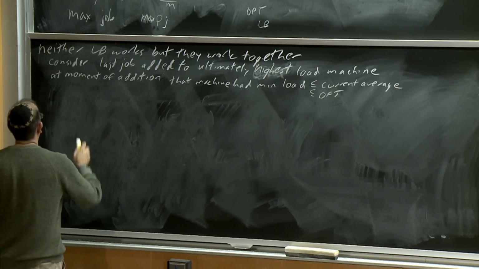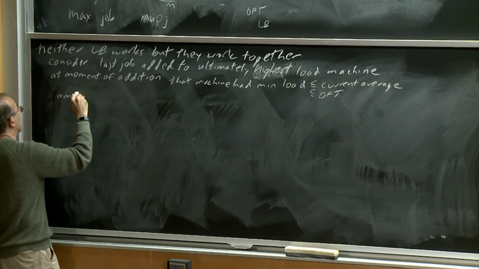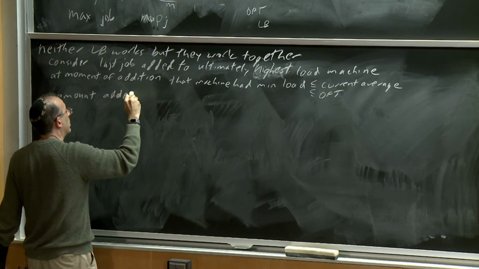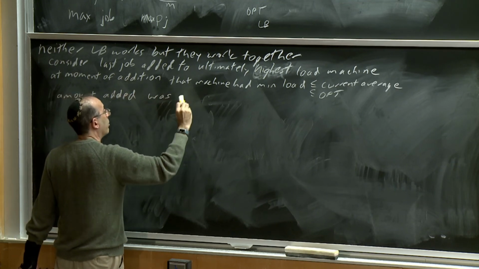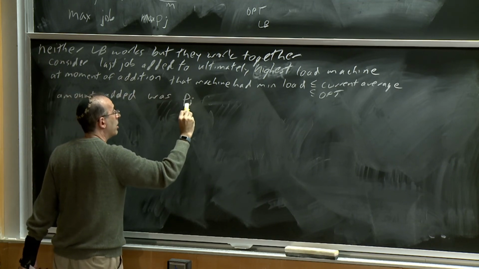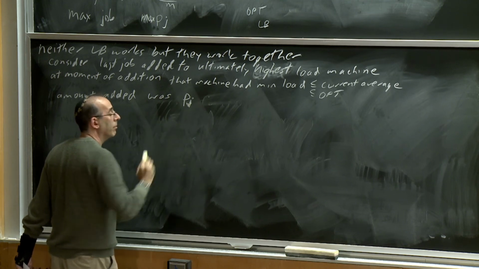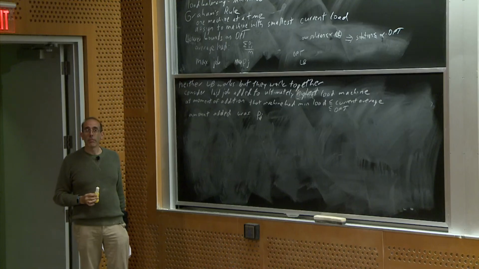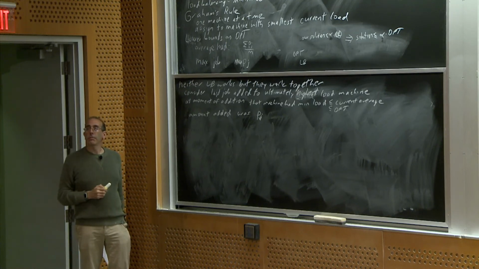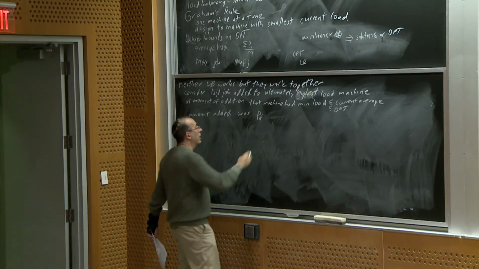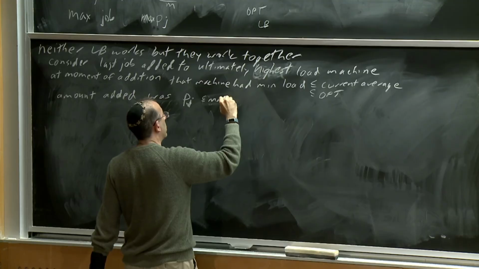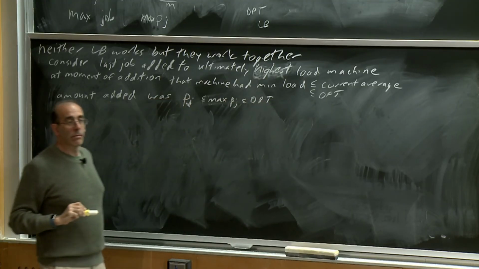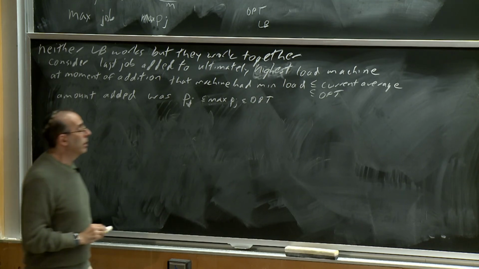Now we also know that the amount added in that final step was some processing time. And what do we know about that quantity? Yeah? Less than or equal to max. Right. That's less than or equal to the max. And so that is also less than or equal to opt. Right?